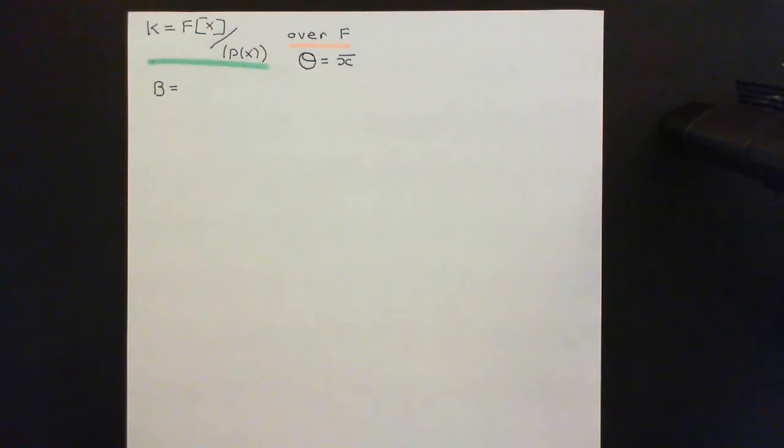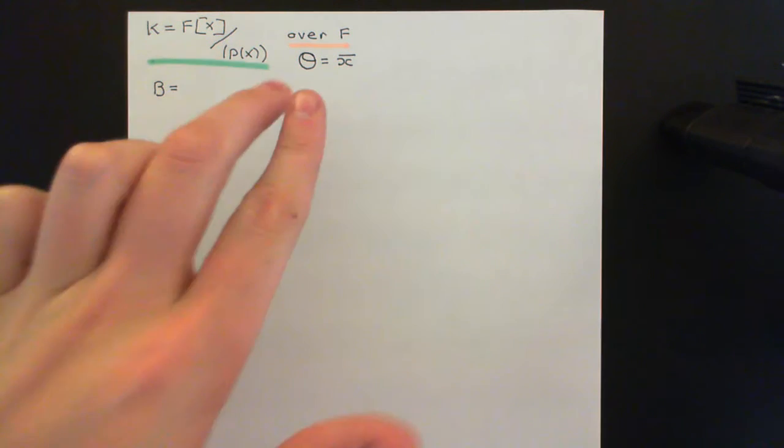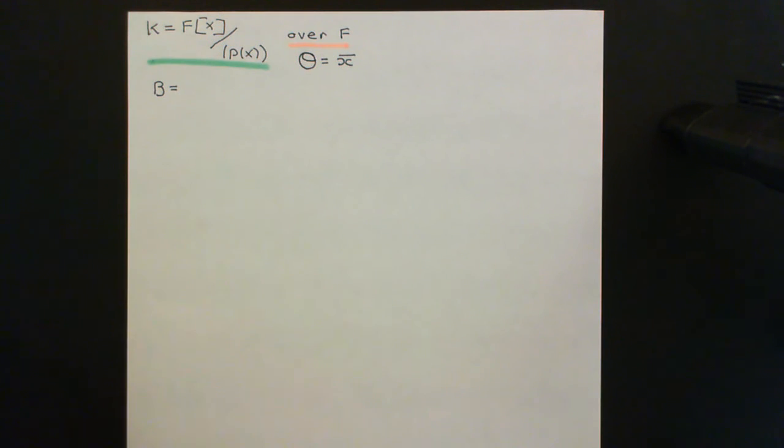It's certainly a polynomial of degree less than n, because when we chose that polynomial p of x, we assumed that it was degree 2 or greater. So we assumed n was greater than or equal to 2, and that's all fine. It will be in a coset on its own with no other polynomial of degree less than n. So I'm going to represent that coset x bar as theta.